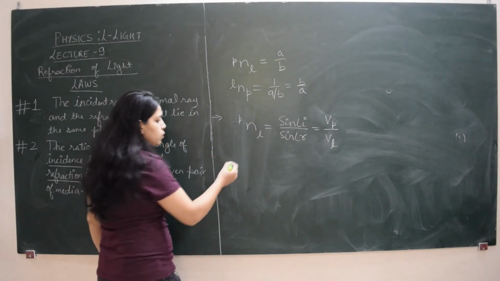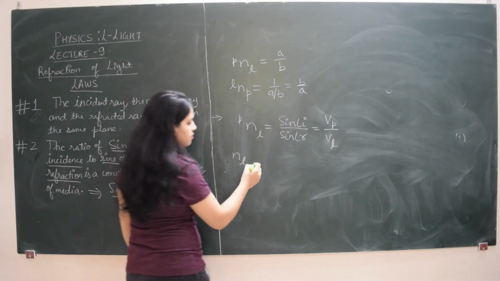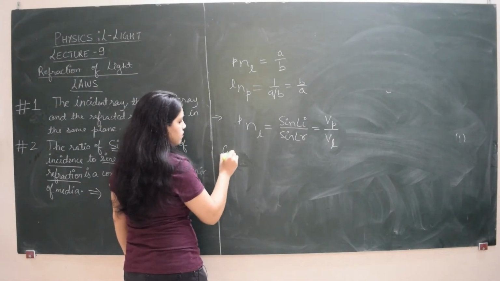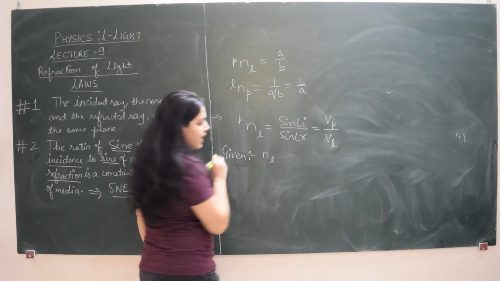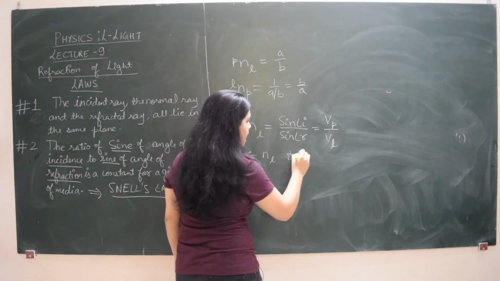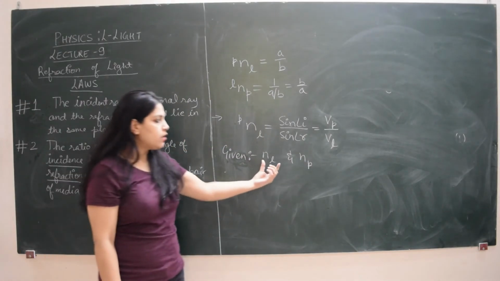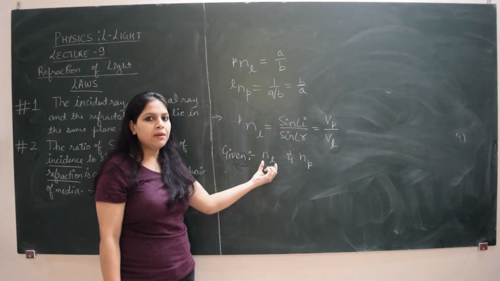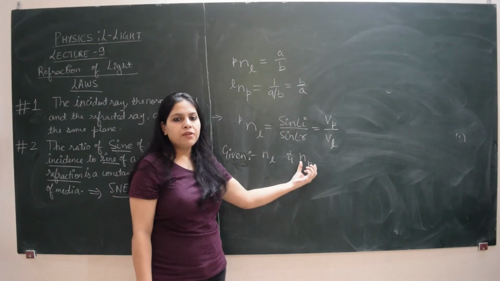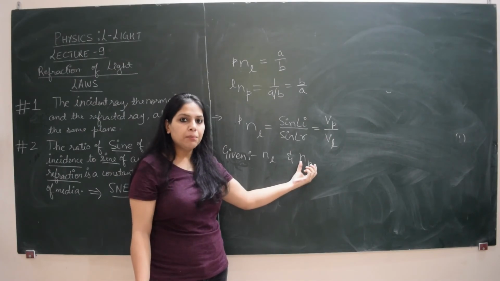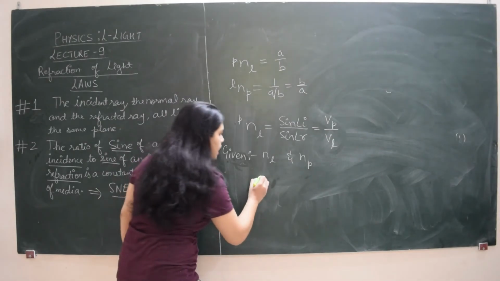One more thing you can do: suppose I have been provided with NL. If I know the value of NL and NP separately, that means I know the absolute refractive index of medium L with respect to vacuum and the absolute refractive index of medium P with respect to vacuum, and I need to compare these two.